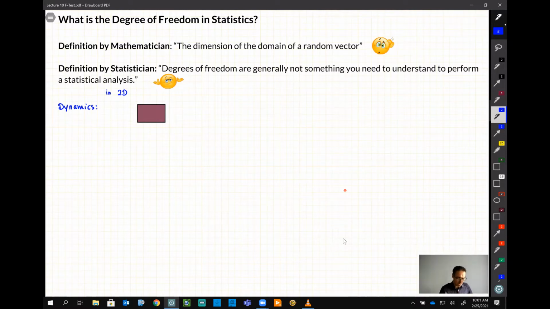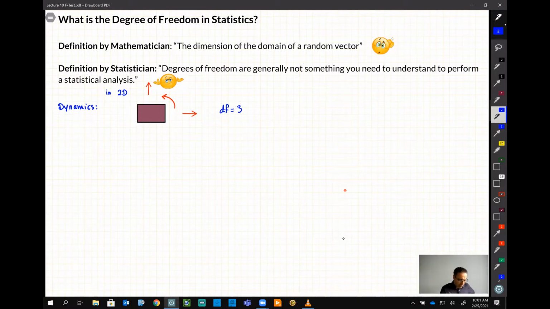All of us know how many degrees of freedom this box has, right? Right away, we know that this box can move left or right. It can move up and down, and it can also rotate. So the degree of freedom for this box is equal to 3. To define its position, I need 3 values.